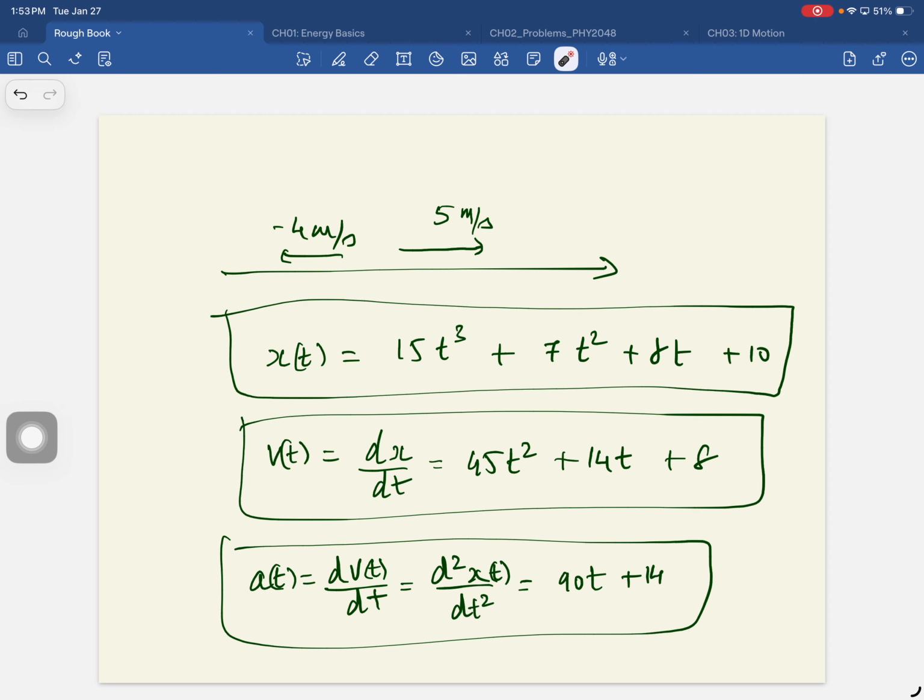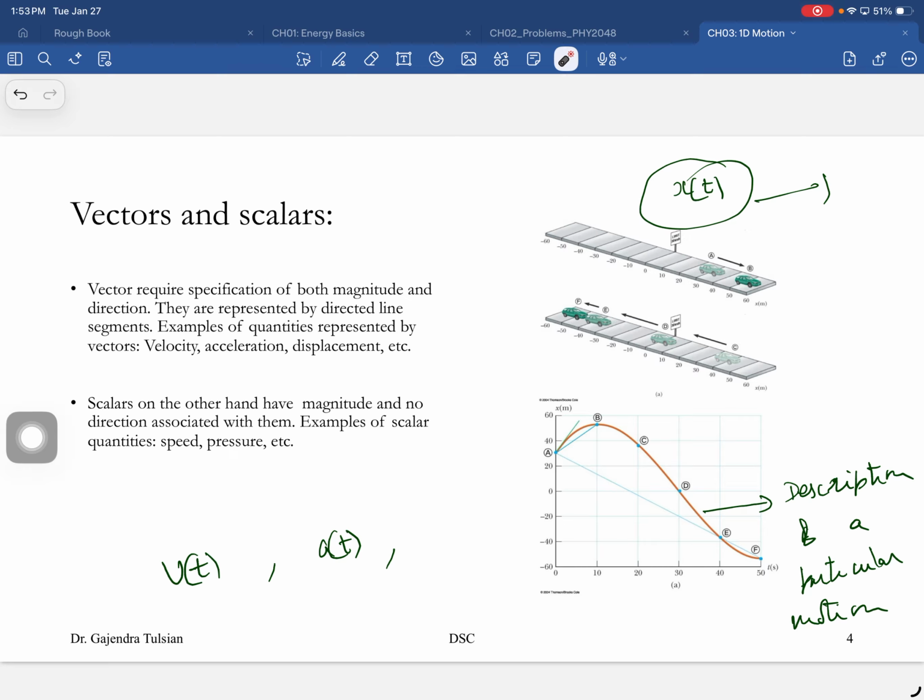This is your initial position, this is your final position. The displacement vector is a vector from your initial position to the final position, and it is denoted by delta R. That is your displacement vector.